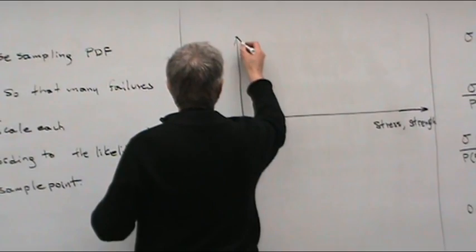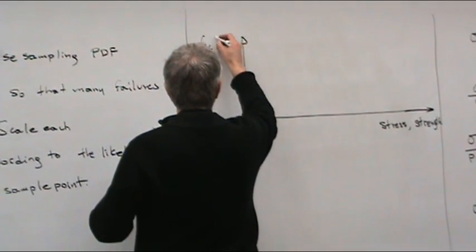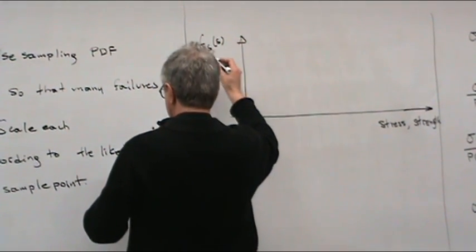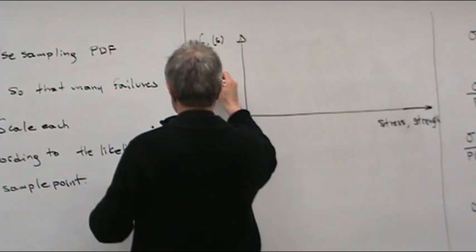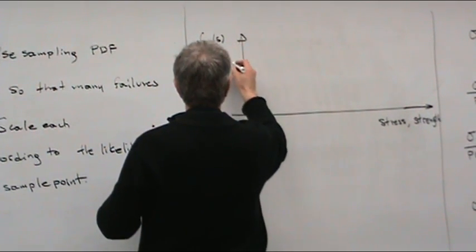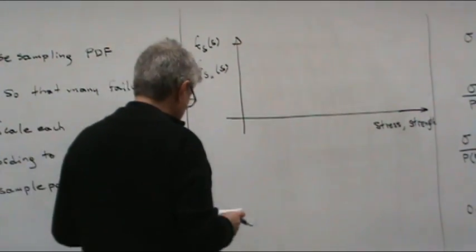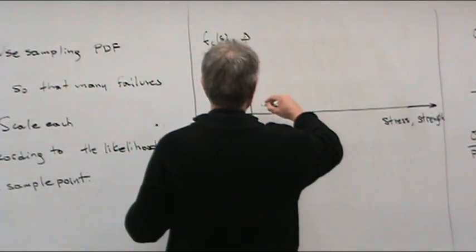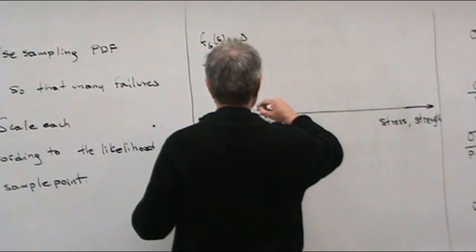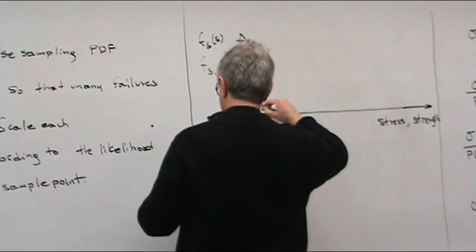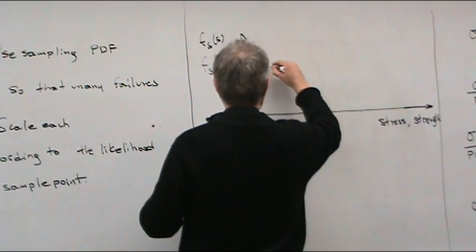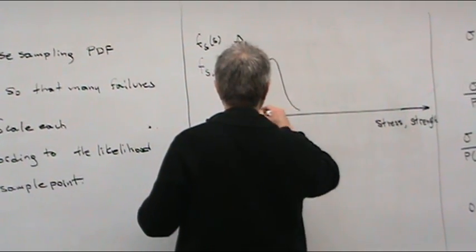And then here we have the density of the stress and the density of the strength. Now, the true density of the stress is this.